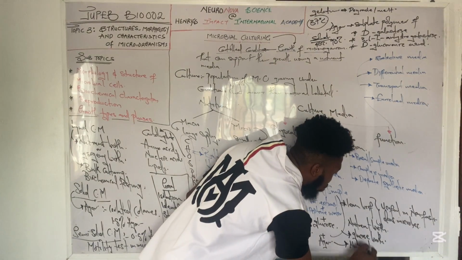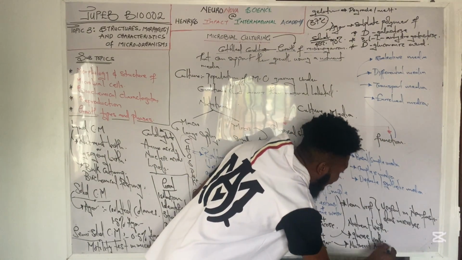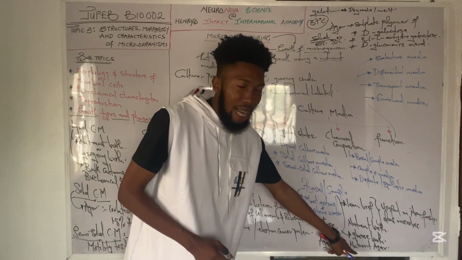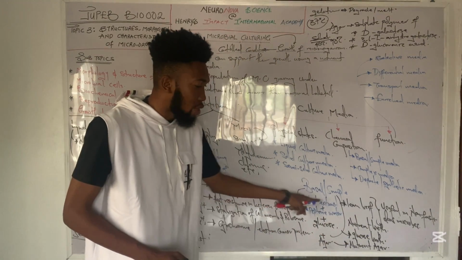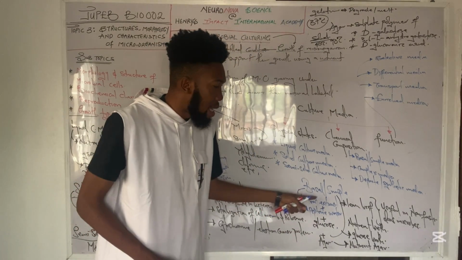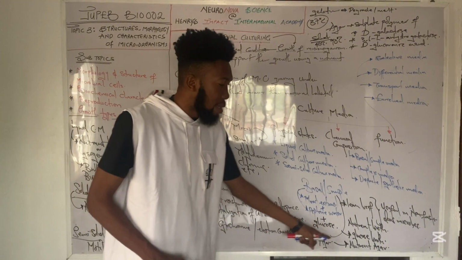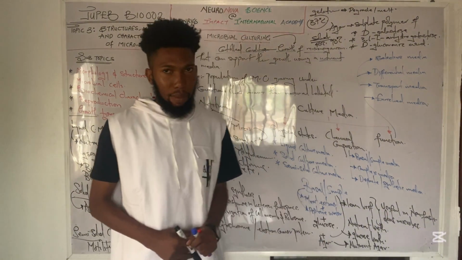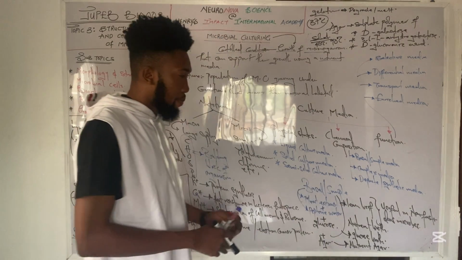If they ask you to differentiate between a nutrient broth and a nutrient agar, a nutrient broth just contains meat extract and peptone water, but a nutrient agar has meat extract, peptone water, and at least 1.5% of agar in it.